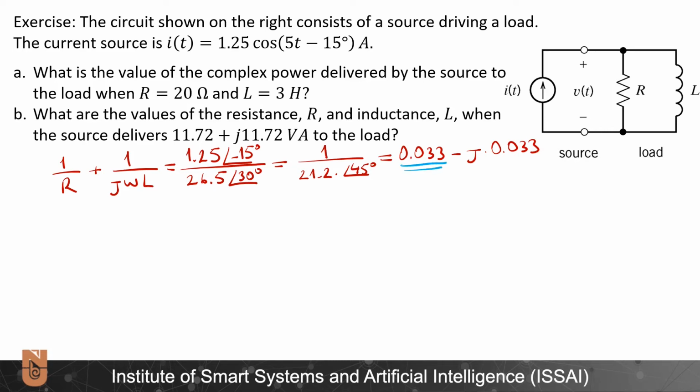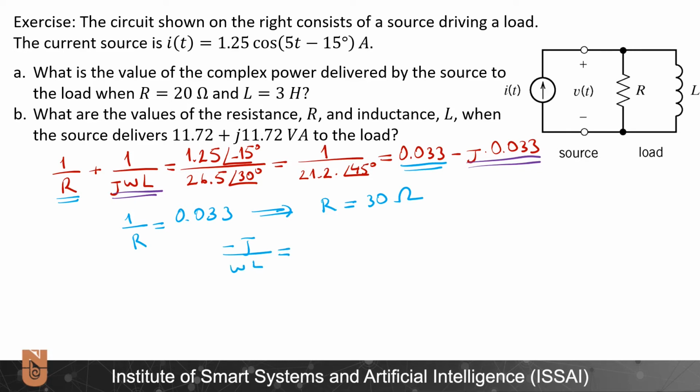Now, let's do some complex algebra. This is the real part, which corresponds to this. This is the imaginary part, which corresponds to this. I will equate these to each other and find the values of R and L. So 1/R is equal to 0.033, and from here I find R is equal to 30 ohms. Similarly, −j/(ωL) is equal to −j/30.